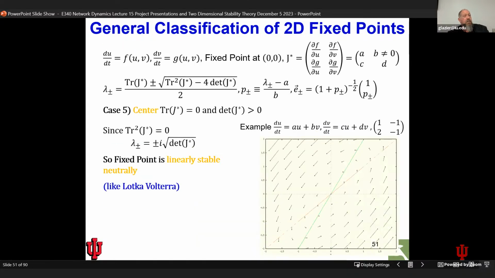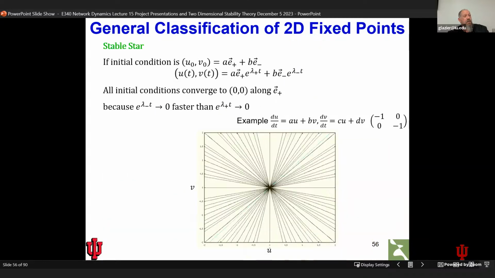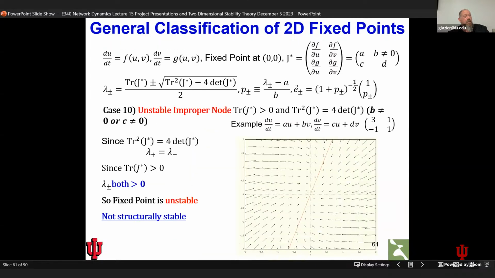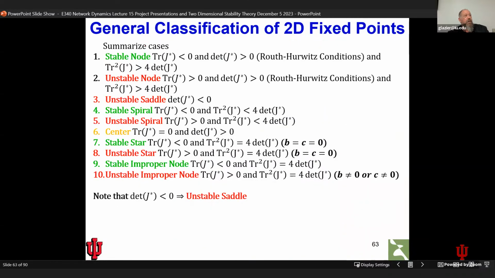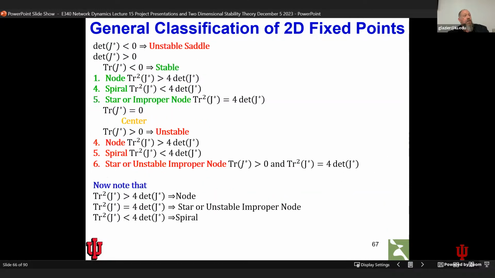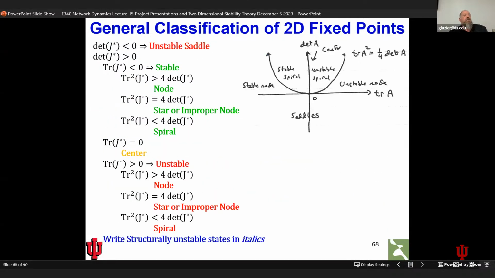But you get a final picture, and this is the last thing I'll show for the class. I'm sorry to be stepping through these. For each combination of positive and negative trace, and positive or negative determinant, you can get different shapes, and you can put these down on a picture like this. It's not the prettiest picture. If the trace is positive, you're unstable. If the trace is negative, you're stable.